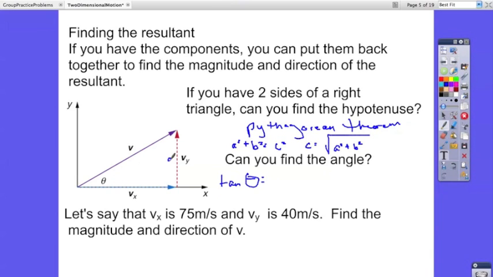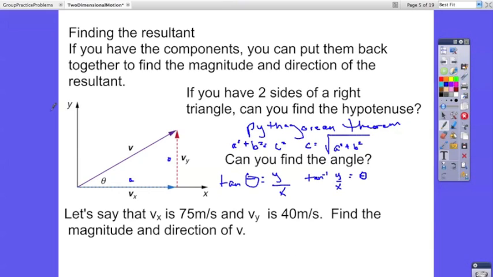So here's the opposite side, and here's the adjacent side. So it's the y component over the x component. If I know that the tangent of that angle is y over x, then I know that the inverse tangent, you have a button on your calculator, inverse tangent of y over x will give me the angle theta.